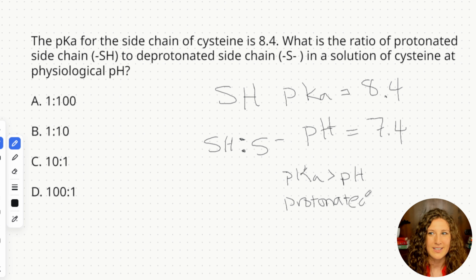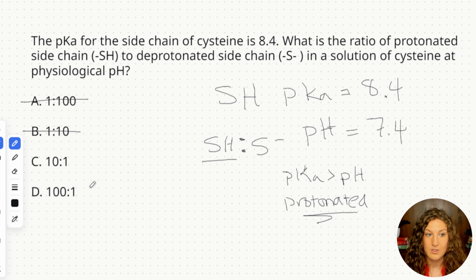We're going to have the protonated state being preferred, right? So we know that we should have a bigger number for SH than we should for S minus, right? Because this is the protonated state. So right off the bat, we should be able to eliminate A and B, which says that we should have a more deprotonated, which is not true, right? So now we have to just choose between 10 and 1 and 101.